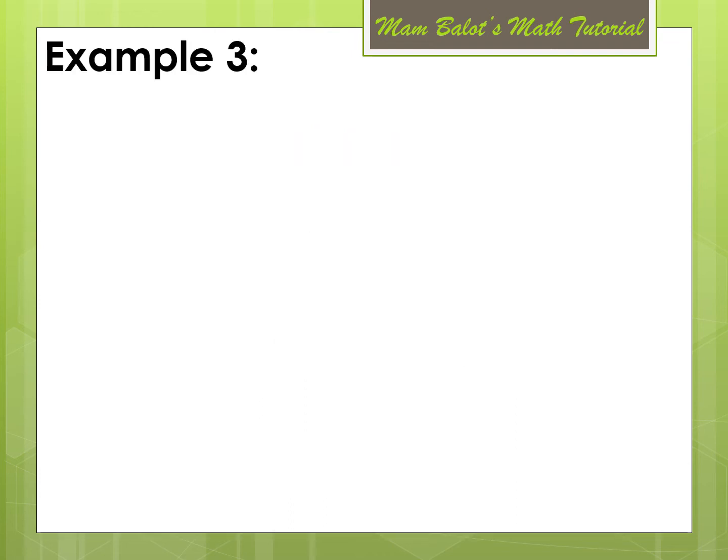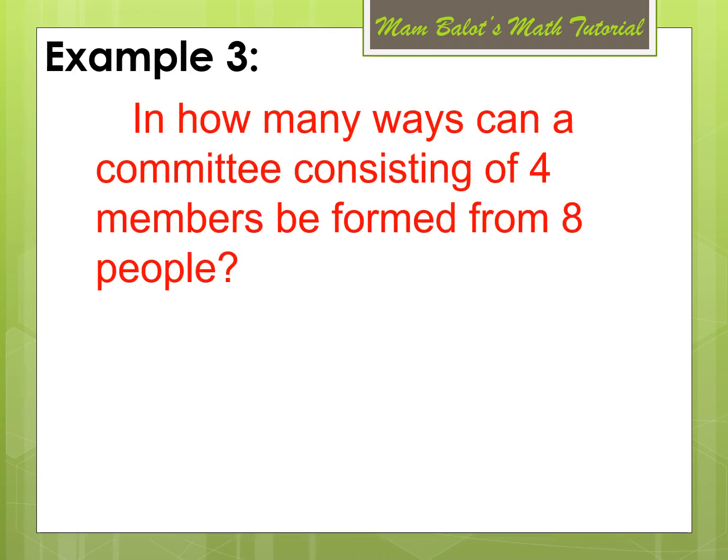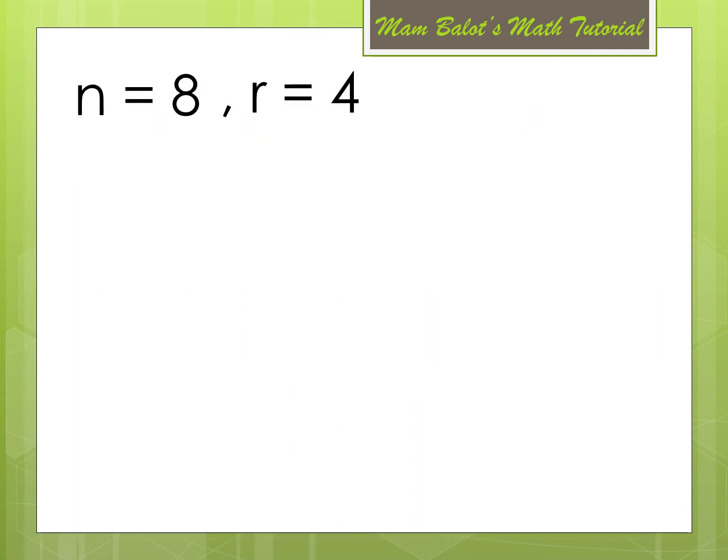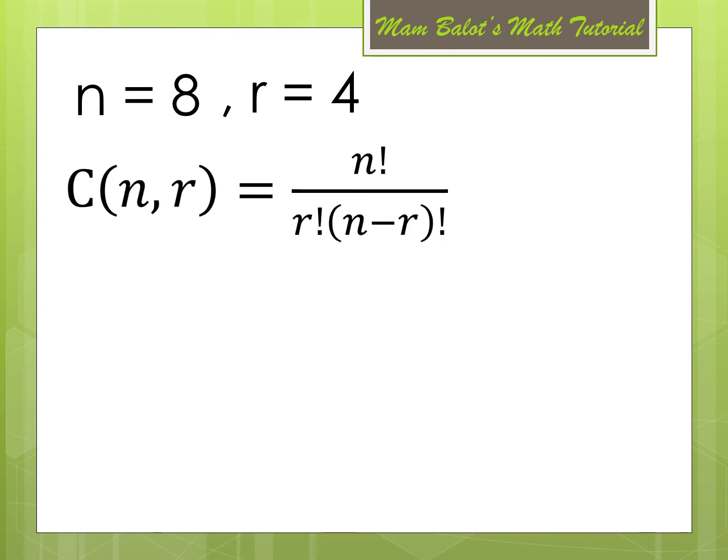Let's have another example. In how many ways can a committee consisting of 4 members be formed from 8 people? In this case, our n is 8 because we will be choosing from 8 people, and r is equal to 4 because we will be taking only 4 of them. From this given, we will now use the formula of the combination.